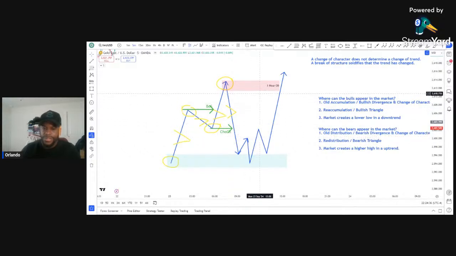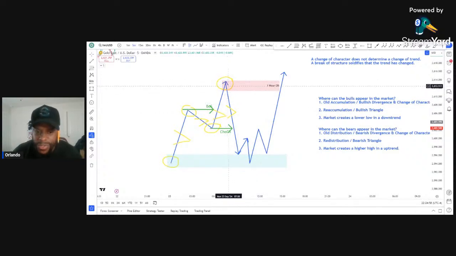Reverse, to come back to mitigate the supply zone to create a possible lower high, and then do what? Distribute, redistribute, break the old low, and create a new low. Now we have created a bearish break of structure. Does that make sense?